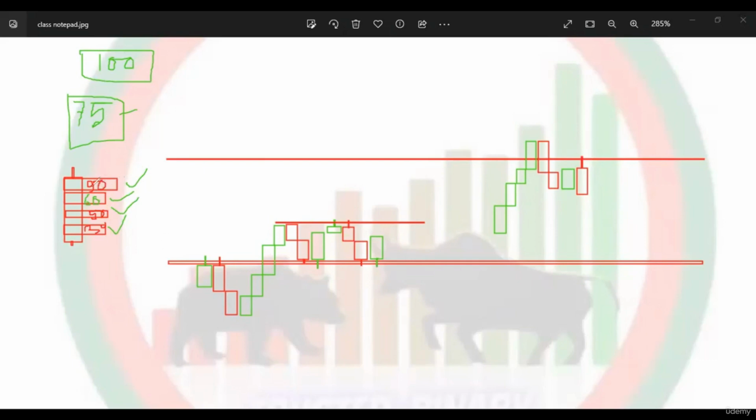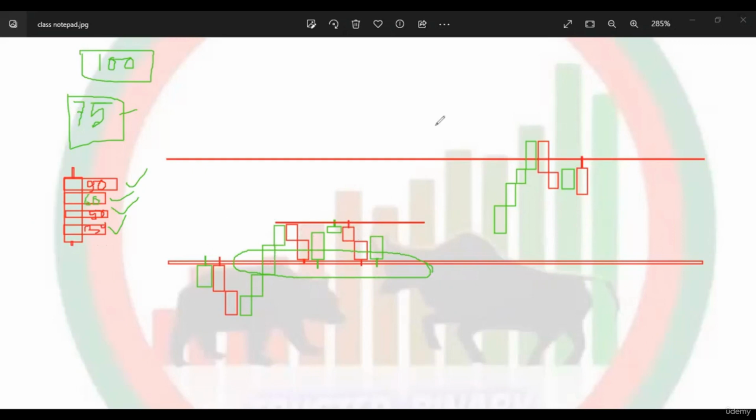So that means we can take this one as a strong POC point, like this type of scenario. I have given this example because you already know about this situation: what's the strong SNR level, how we can draw it, and what's the buyers and sellers area. So same thing.